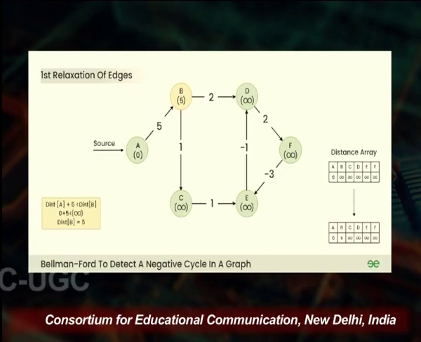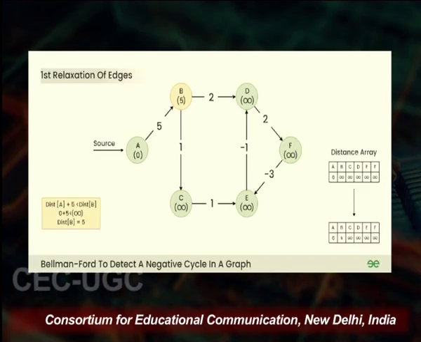and the formula for relaxation of edges is given here. So, in the step of relaxation, going from A to B the distance will be incurred as 5, and going from B to C it is 1, but presently we are going to take it in a node by node manner.